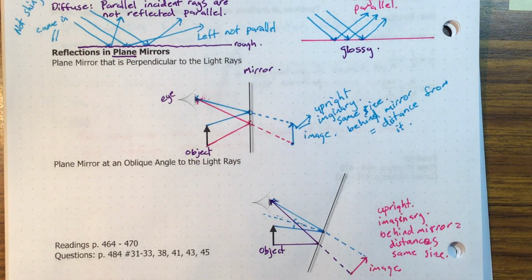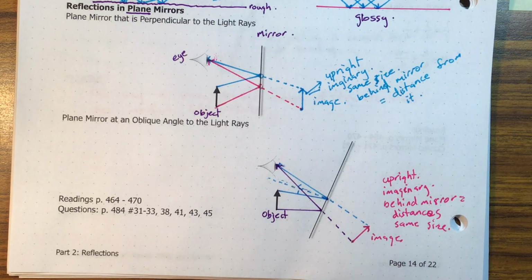All right, so that's some reflection information. So on reflection, remember angle of incidence equals angle of reflection, and angle of incidence is always measured from the normal. There's some readings right there and questions to do from the textbook.